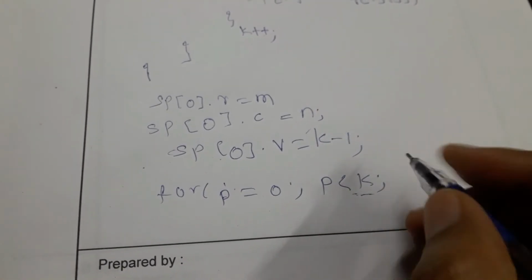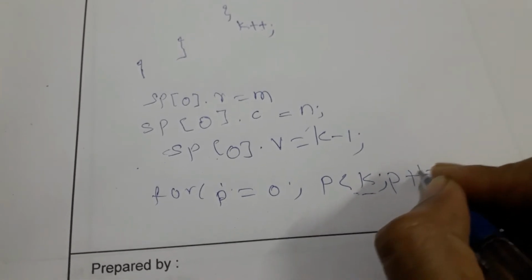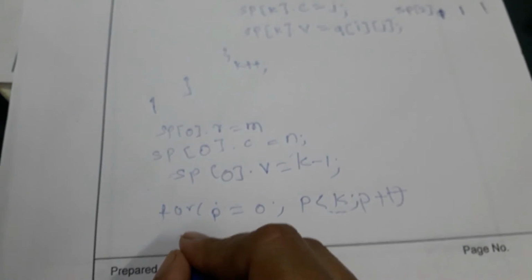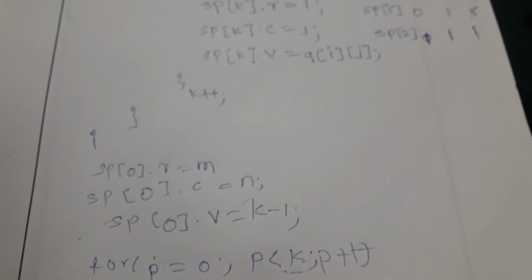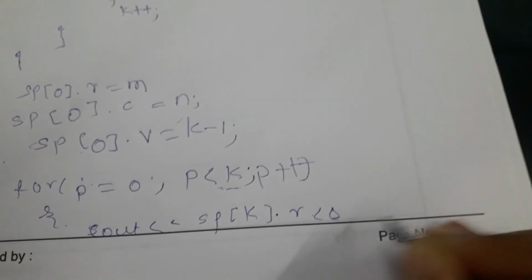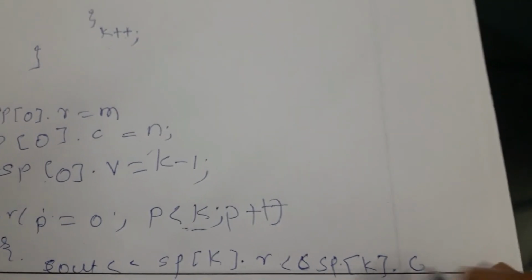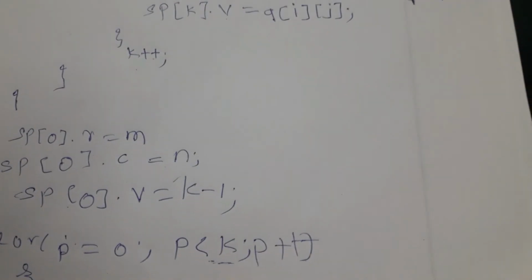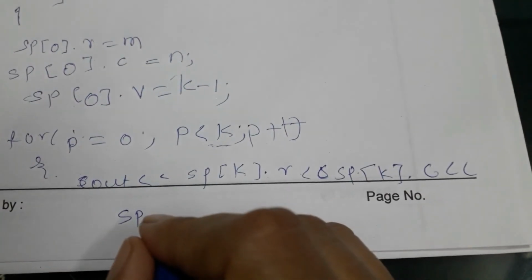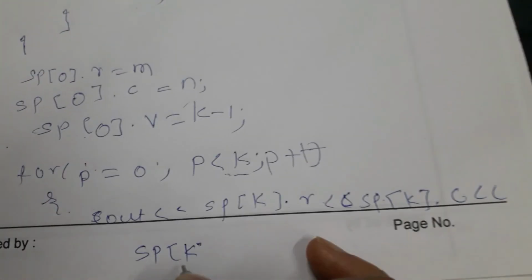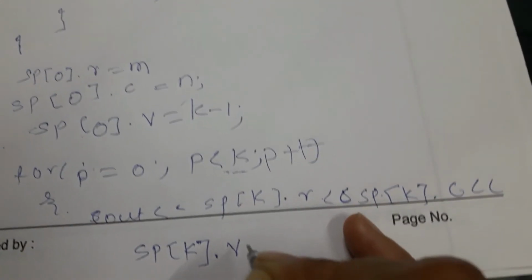So here we have taken k and p plus plus, and here we take cout of SP of p dot row, then SP of p dot column, then SP of p dot value.